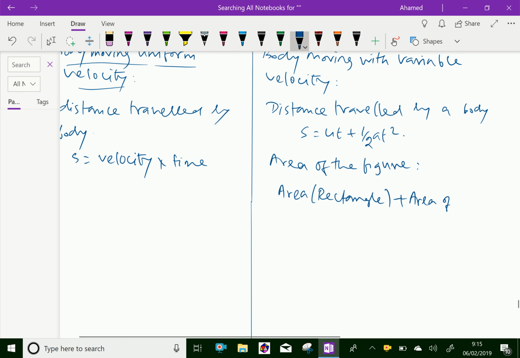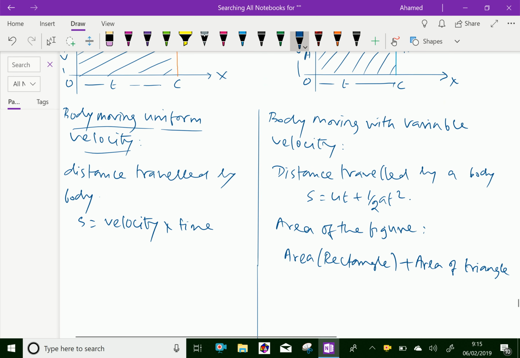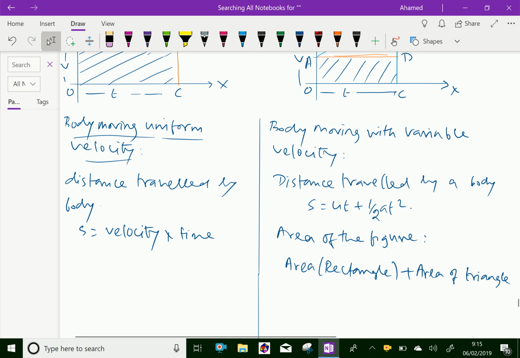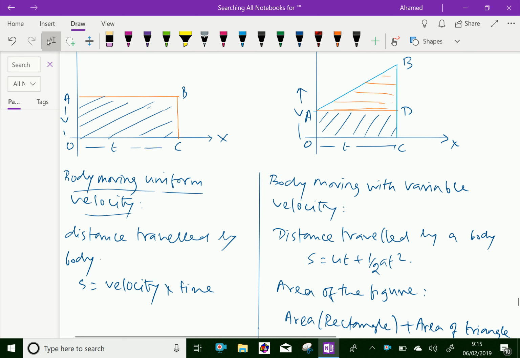Area of the triangle, area of the rectangle.